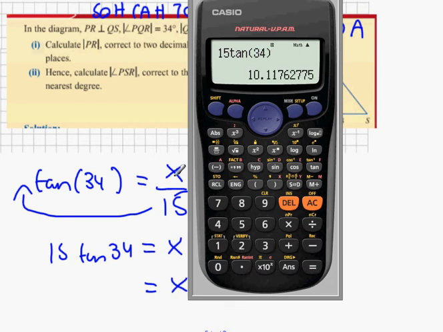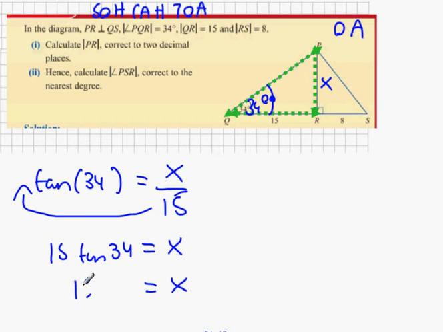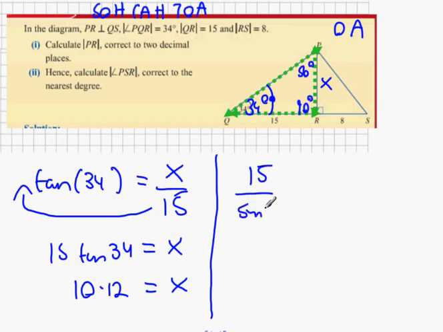Now, let me show you what some of you were doing, and it's alright. Some of you were very much in the sine rule mode. Everything was a sine rule. Okay? So, another way of getting the answer would be that, see the way that's 34? That one's 90, therefore the top one has to be 56. What some of you did was this. You said 15 over sine 56 equals x over sine what, guys?